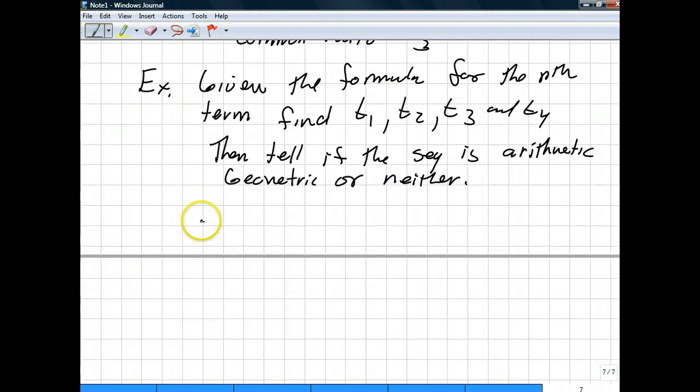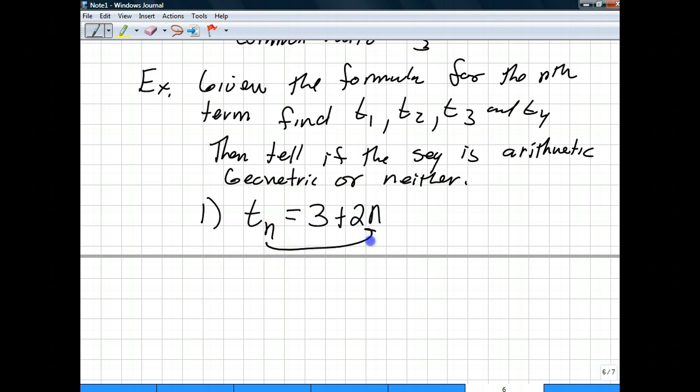Okay, so the rule is T sub n, in other words, each term in the sequence is found by taking 3 plus 2 times n, where n is the number of the term. So T sub 1 is the first term. 3 plus 2 times 1 is 5.